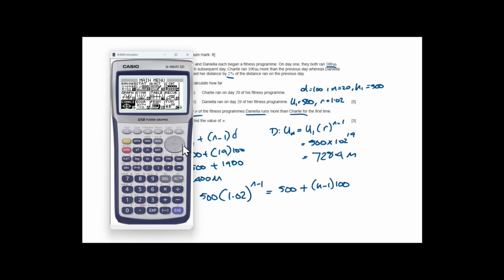So let's go to the equation solver. Delete all of that. Yes.